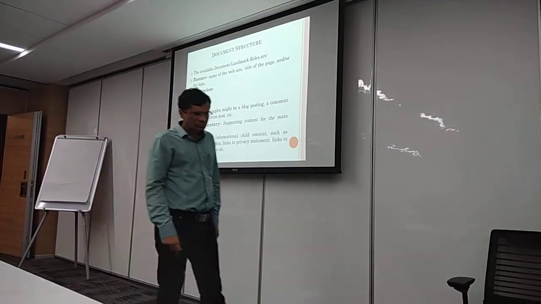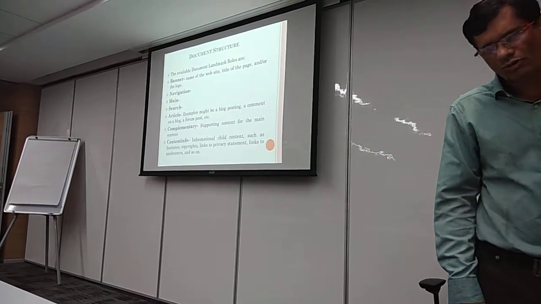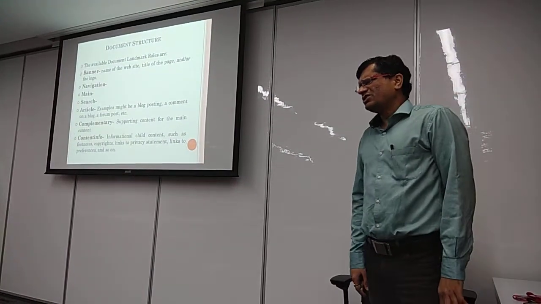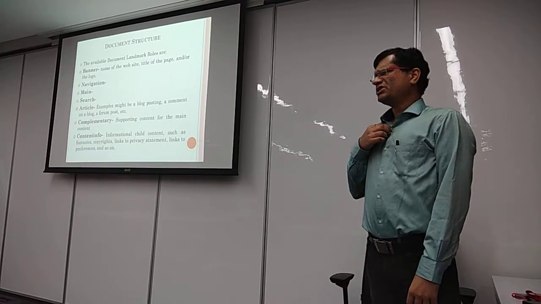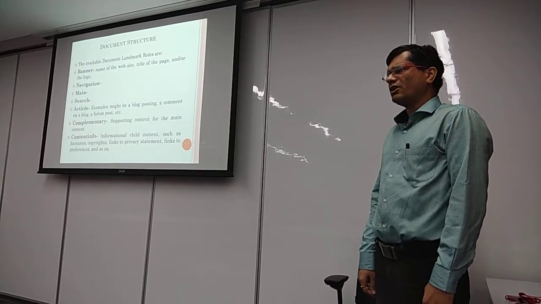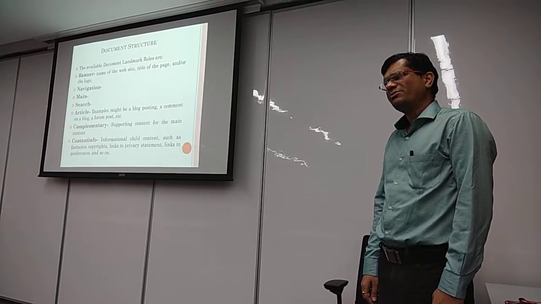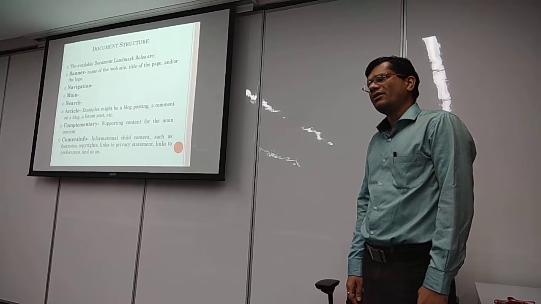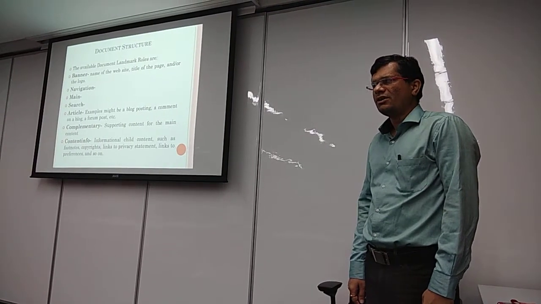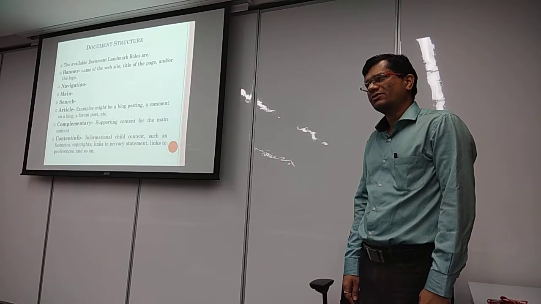Then ARIA roles, role states and properties. Role means the screen reader recognizes a special kind of specific or limited controls, like combo box, list box, check box, radio buttons, links, buttons kinds of controls.